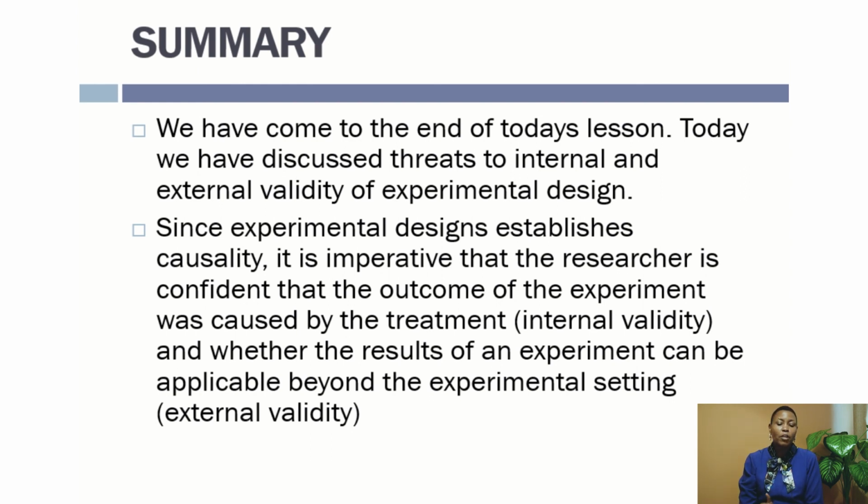It is therefore imperative that the researcher is confident that the experiment was the sole cause of the change that we have seen, and that the results of the experiment can be applied beyond the experimental setting. So if those two cannot be ascertained, then we have threats to internal and external validity respectively.